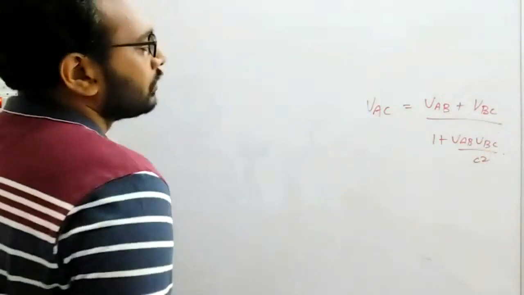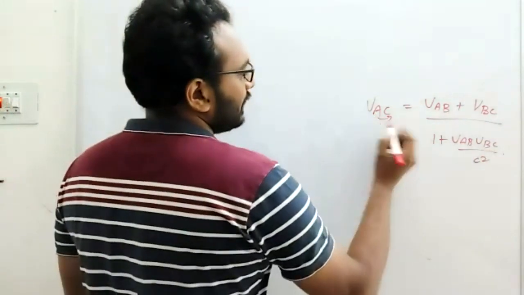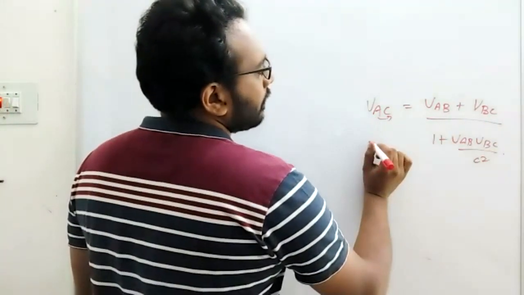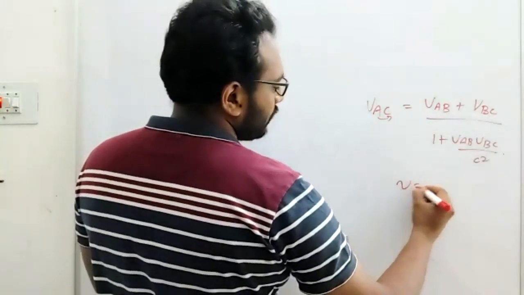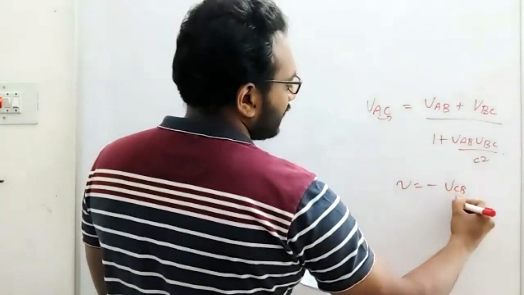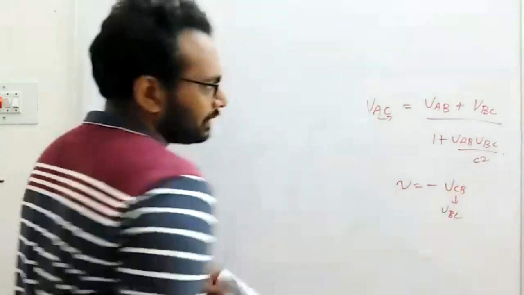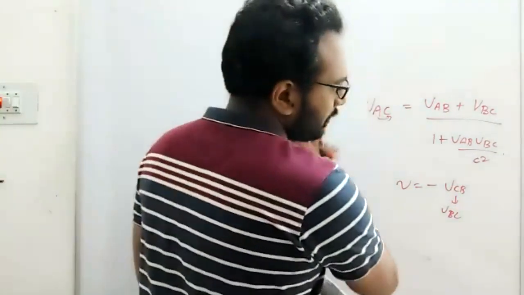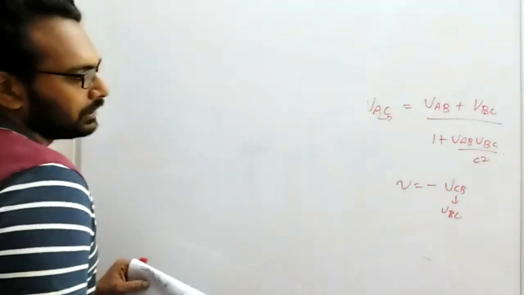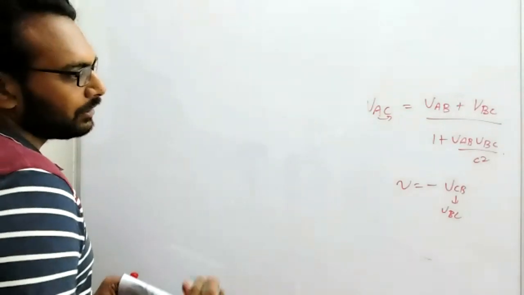So the velocity of A with respect to C is equal to this, because we chose V equal to minus V_CB, and wrote minus V_CB as V_BC. That's what we used. But from the given situation, you should understand which formula to use.